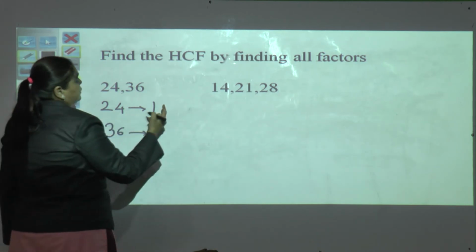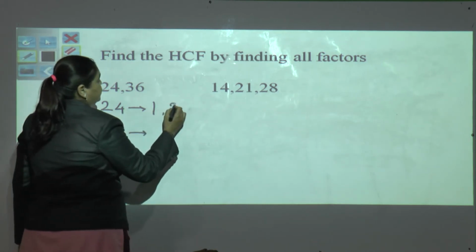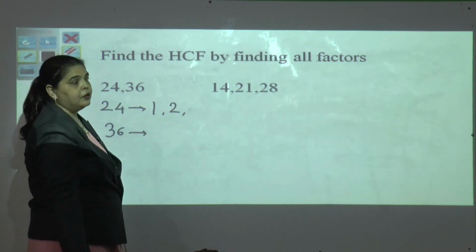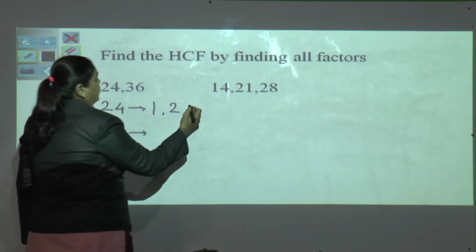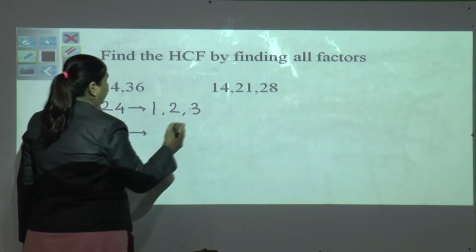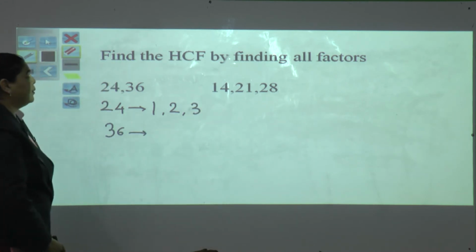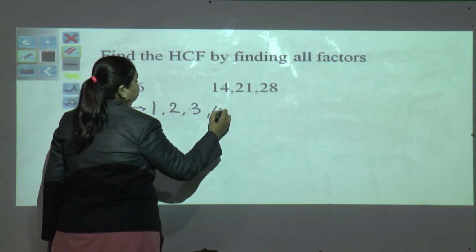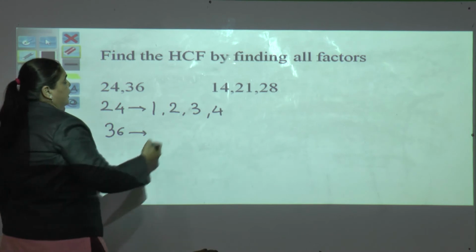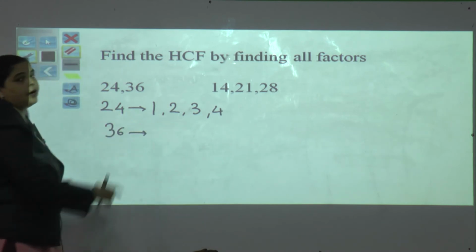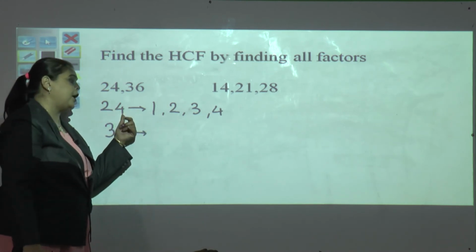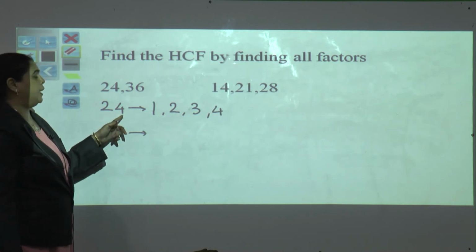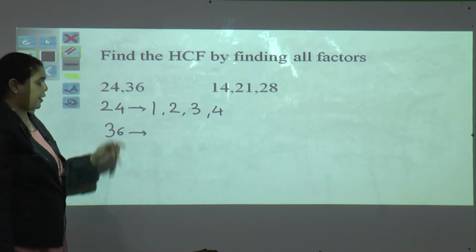So 1, then 2 as it is an even number. Then 3, then 4, yes, 4 sixes are 24. Then the 5 table: it should have 5 or 0 in the ones place to be divisible by 5.